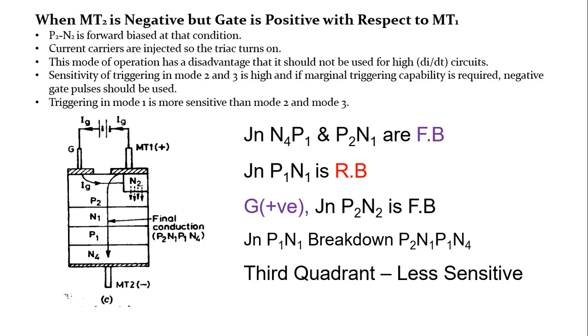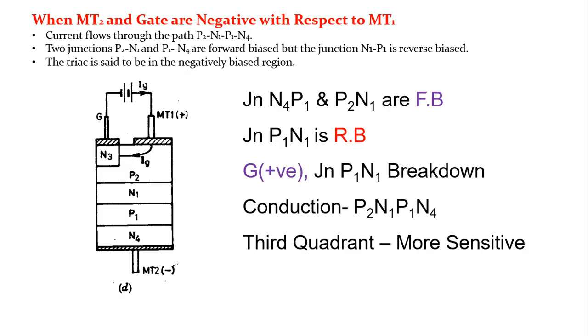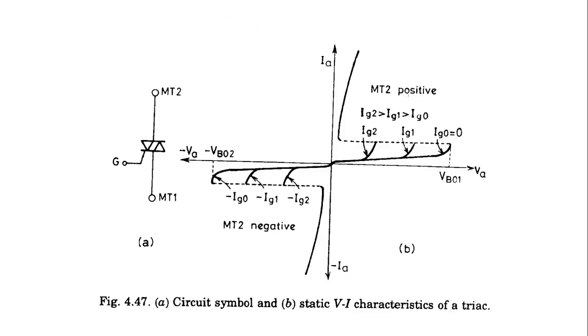Here it is the third quadrant of operation and it is less sensitive. In the fourth mode, both the gate and MT2 are negative with respect to MT1. Here the outer junctions P1 N4, P2 N1 are forward biased, N1 P1 is reverse biased. When gate is applied, the P1 N1 breaks down, and finally the conduction will start from P1 P2 N1 and P1 N4, and it is more sensitive in the third quadrant of operation.